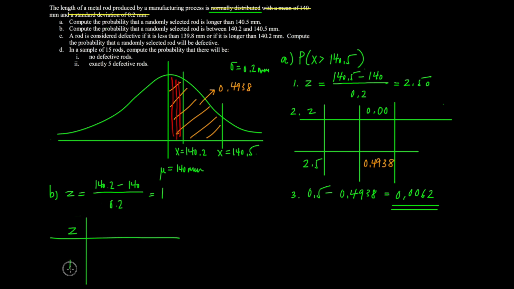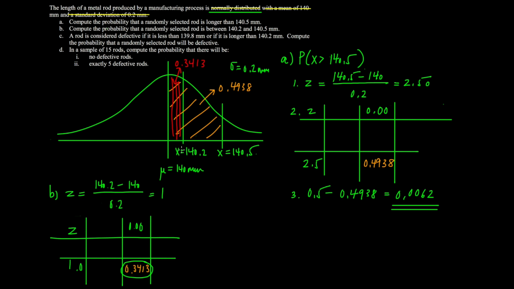So we're going to look for 1 on the vertical and 0.00 on the horizontal. And we're going to isolate for the cross between the two, which is going to equal 0.3413.